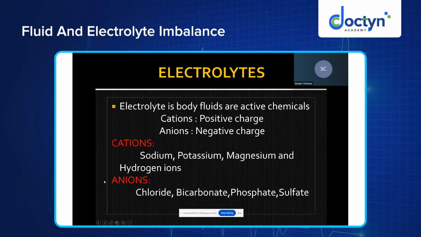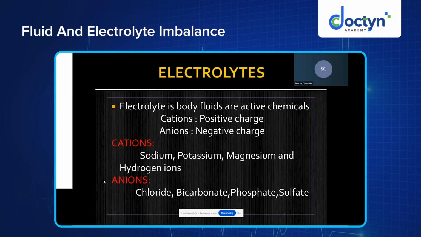Coming to the electrolytes, an electrolyte is a body fluid, and they are active chemicals. What are those active chemicals in the body? They contain cations and anions. Even from school days in chemistry, we have learned what a cation and an anion are. Any electrolyte carrying a positive charge is a cation, and any electrolyte carrying a negative charge is an anion.